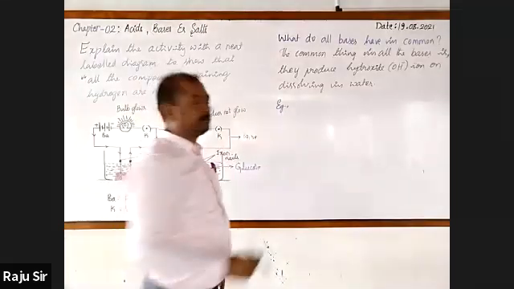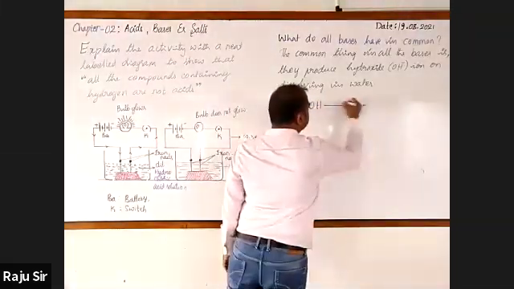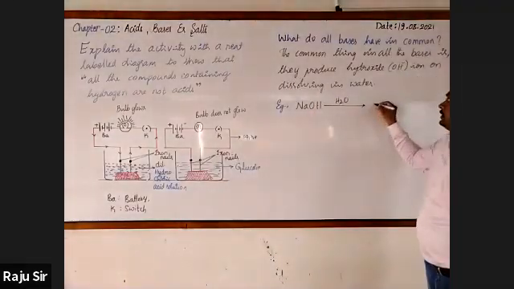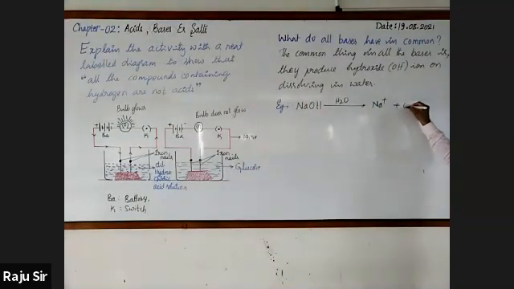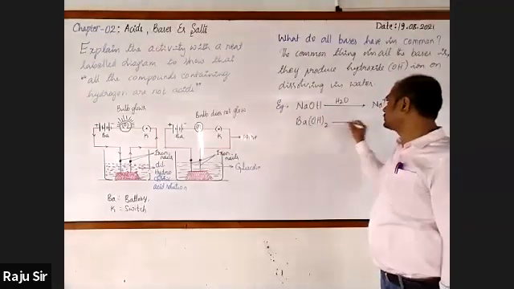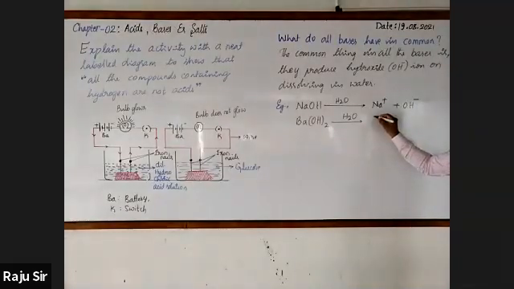Let us take some examples. Here, sodium hydroxide, when it is dissolved in water, produces Na+ and OH-. I'll take the next one, barium hydroxide, Ba(OH)2. When it is dissolved in water, it produces Ba2+ and 2 OH-.